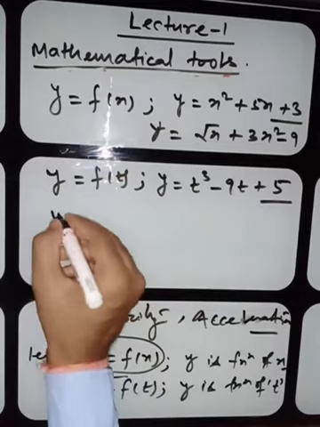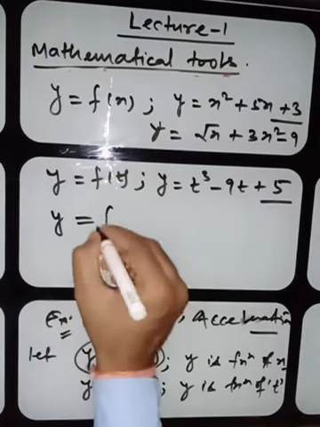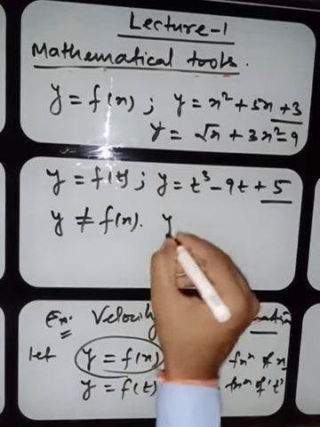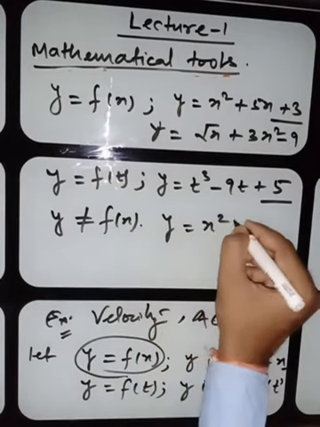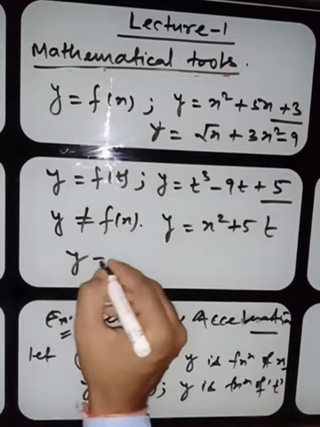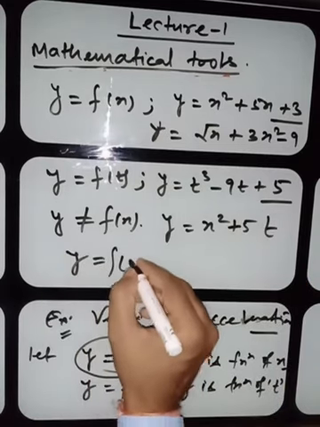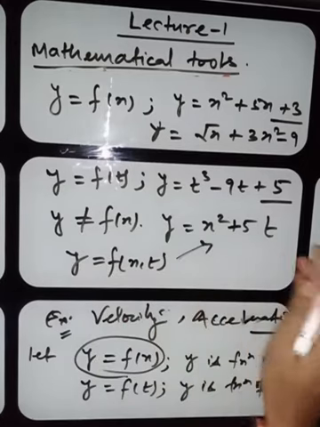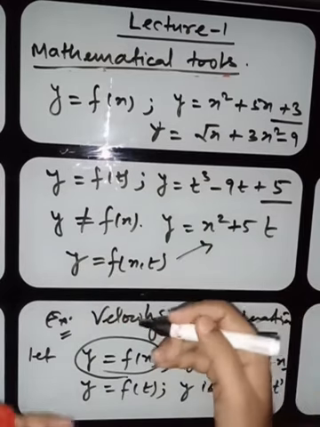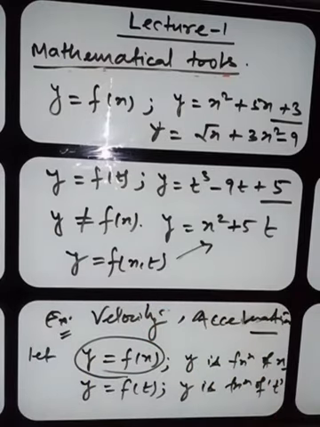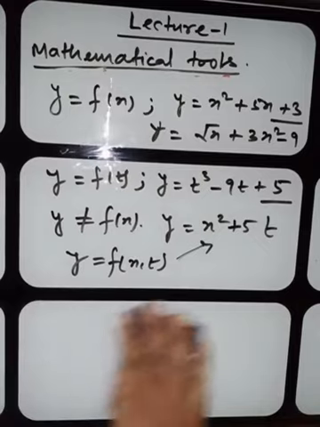If it is written y is a function of x and t, it means y can be represented as x square plus 5t. Here y is the function of x and t. Function means the family or the member, in mathematics we used to say.